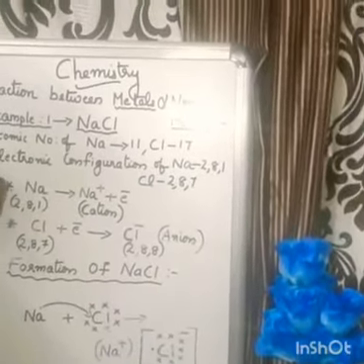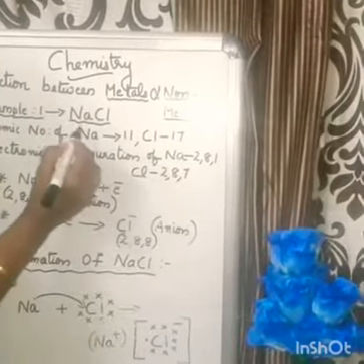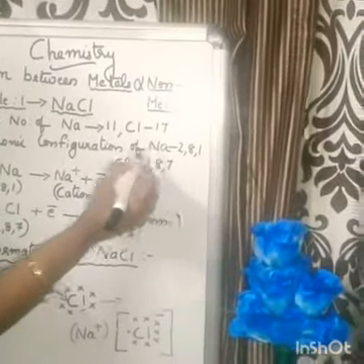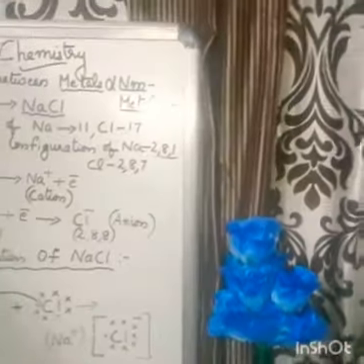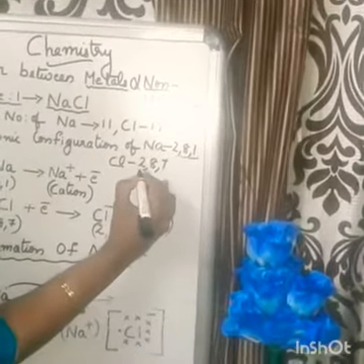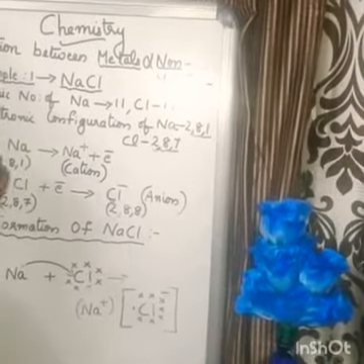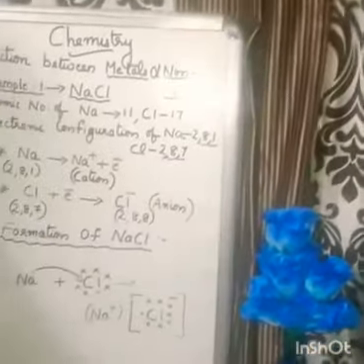The second step is to write the electronic configuration of the respective elements. Sodium has the electronic configuration 2,8,1 and chlorine has 2,8,7. So my next question is whether sodium and chlorine are stable.